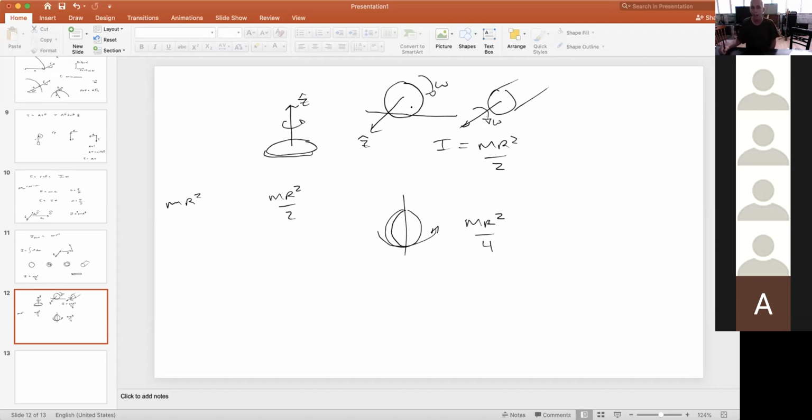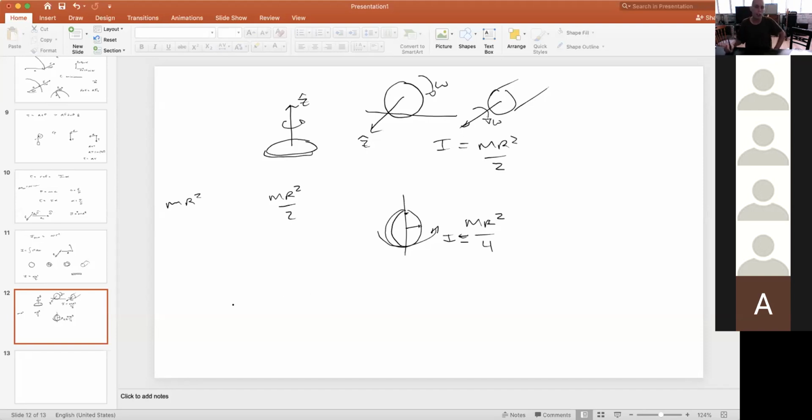Here, it's distributed uniformly in a circle, so at every point the mass distribution is the same. Here, the mass at the edge is very different, and more of the mass lies next to the axis. So I get a smaller I. mr squared over 4 is smaller than mr squared over 2. The more mass you have near the axis, the easier it is to rotate that object.